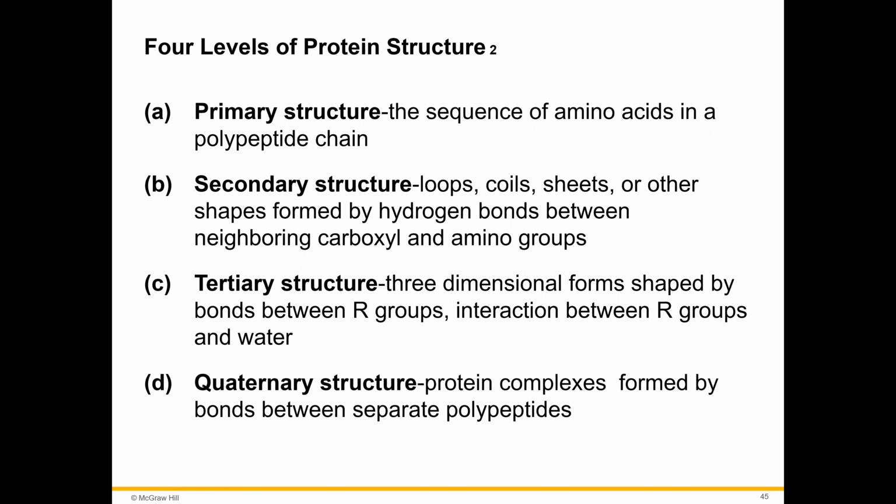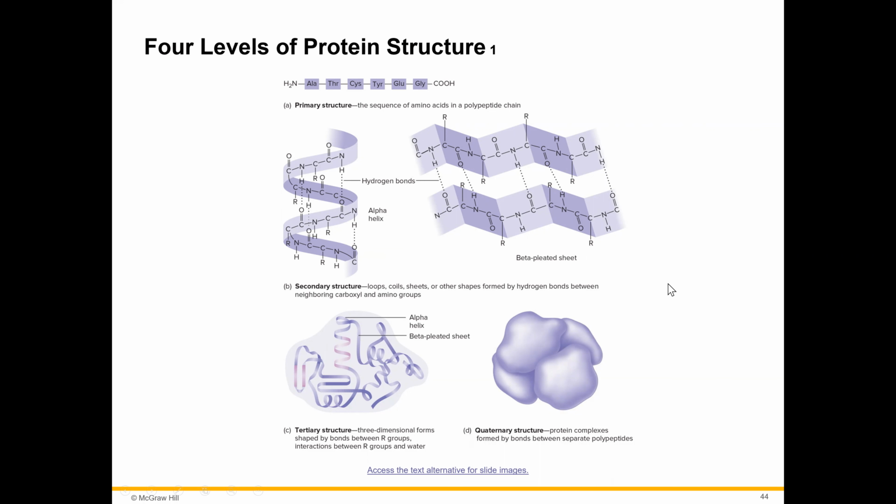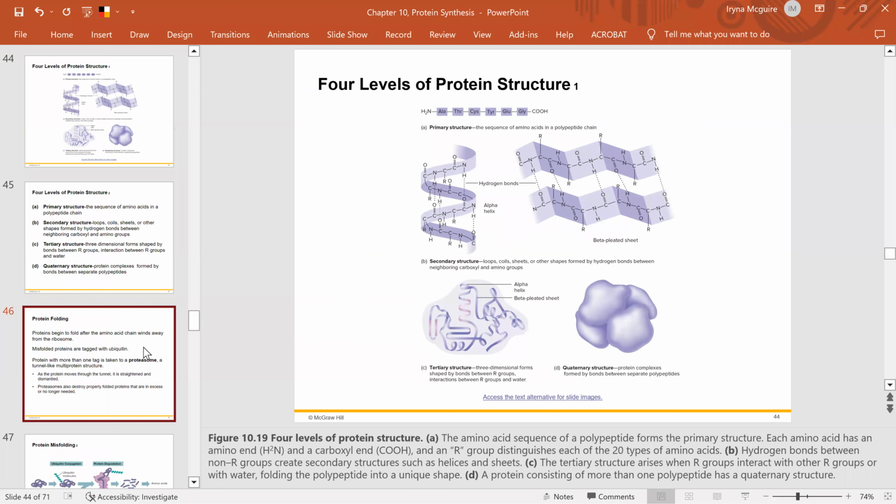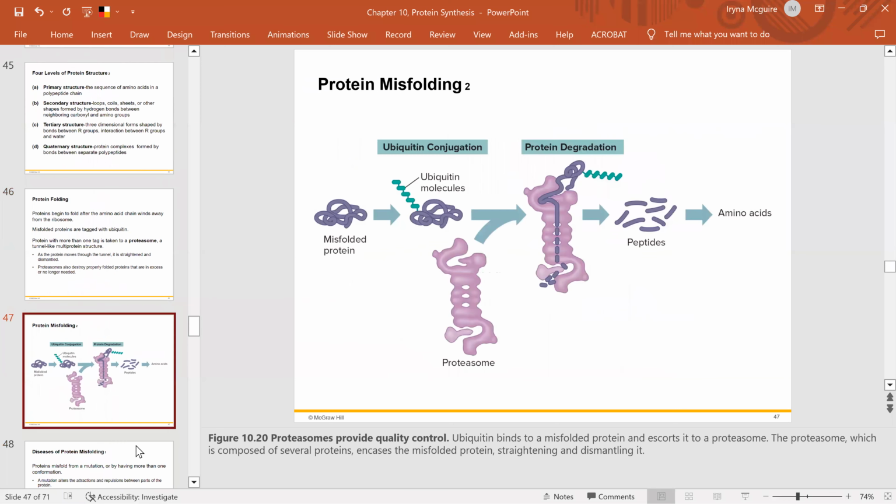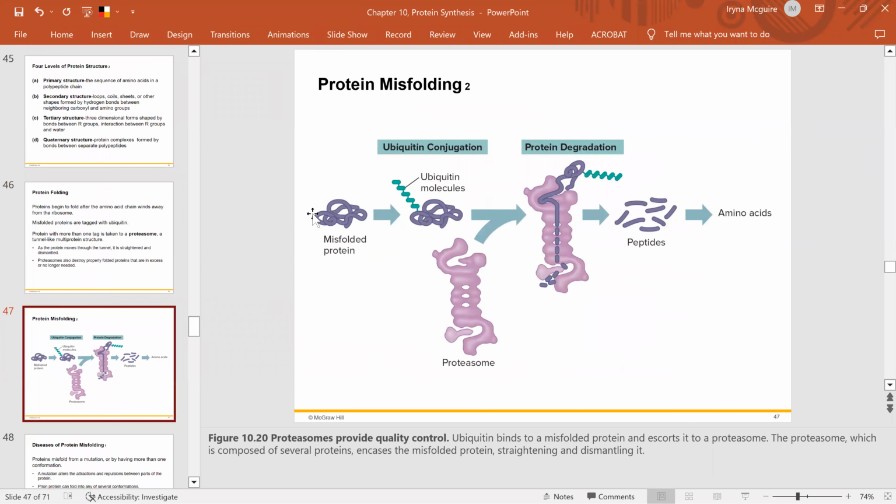Many misfolded proteins cause diseases and even death of an organism, right? That's why the shape of a protein is extremely important. Now, what can happen if a protein is not folded correctly, or protein misfolding? We will discuss in the second part of this lecture.